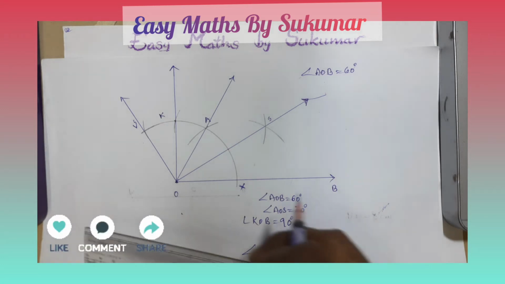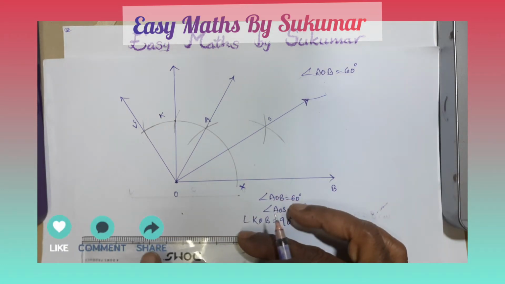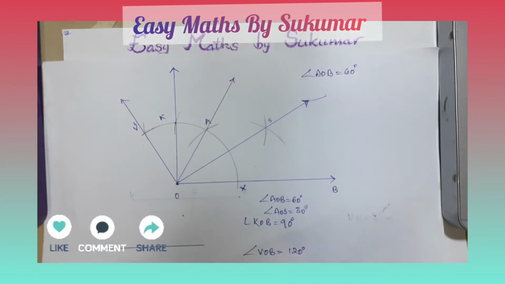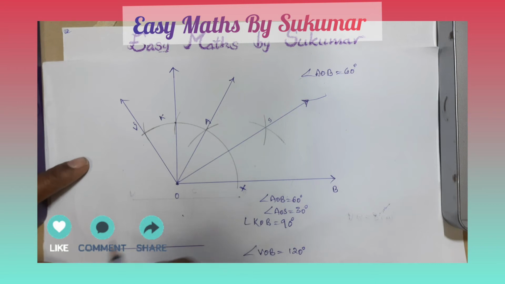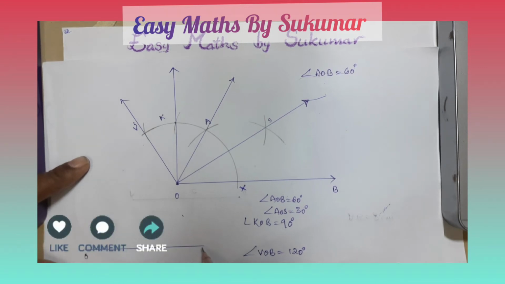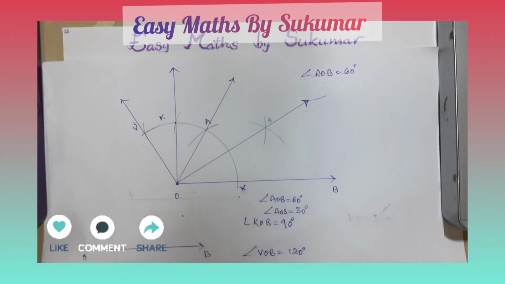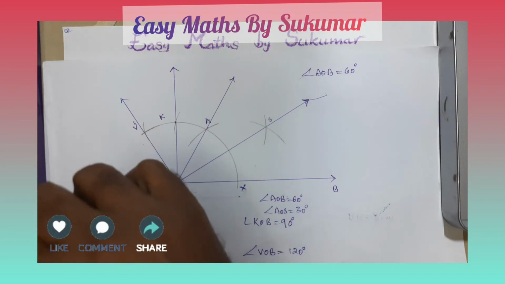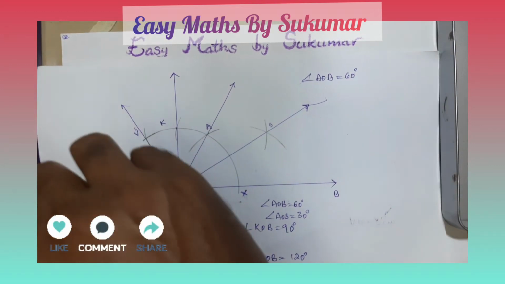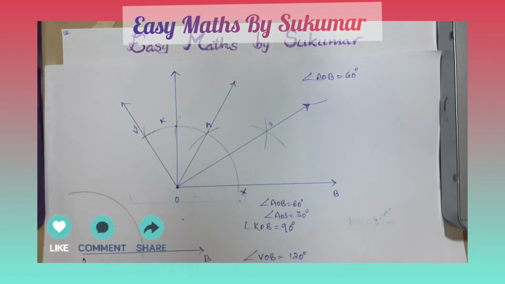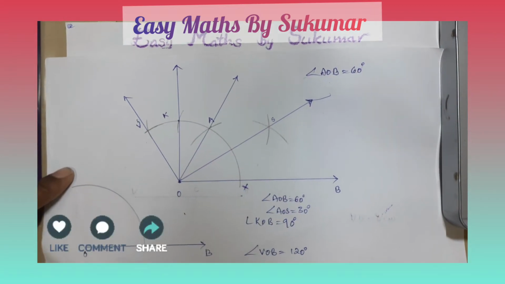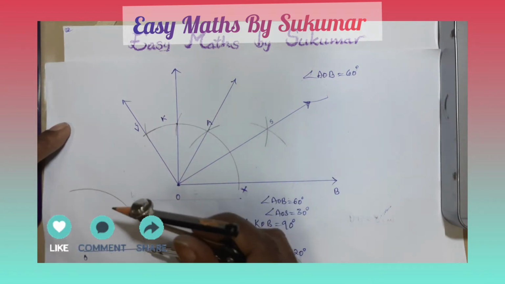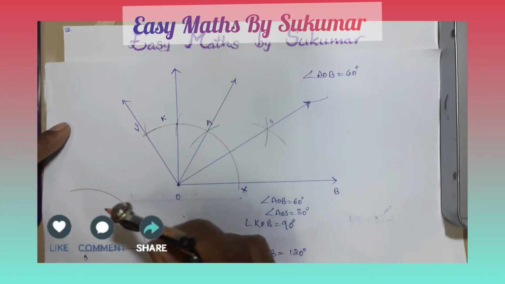See my dear students, again I am repeating how to construct angle 60 degrees. This is some O and let it be some B. Just draw an arc from vertex O. This arc intersects this OB ray here.